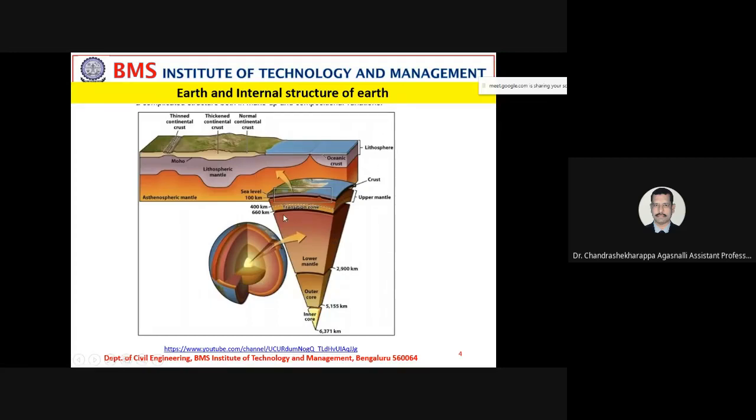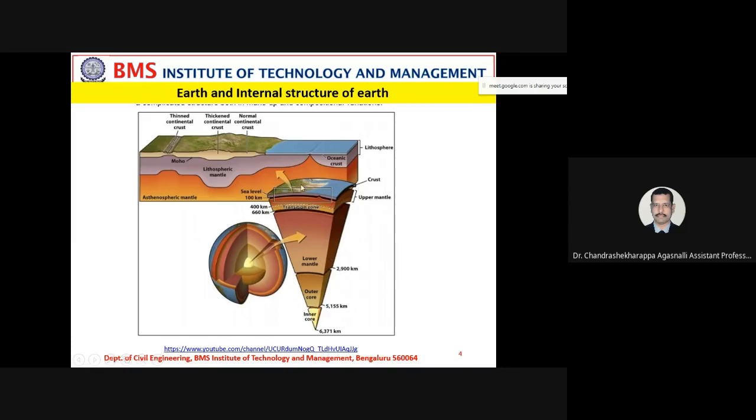So all you need to understand is how the internal structure of the earth looks and what the different layers are, and each layer has different minerals. The crustal part has different minerals, the mantle part has different minerals, and the core, the central part, also has different minerals. Based on the minerals and rocks, and the reflection, refraction, and absorption of the seismic waves, we have classified this.